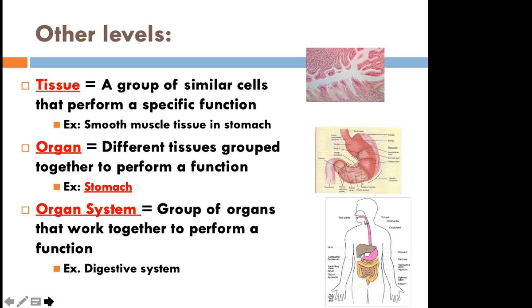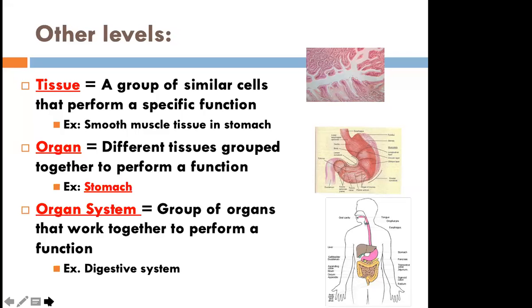And now your stomach doesn't work alone. Your stomach works with other organs like your small intestine, your large intestine, your esophagus. And all of those organs together create your digestive system. Now, if you only had a digestive system, you could not survive because your stomach and your digestive system relies on oxygen, which your respiratory system supplies.